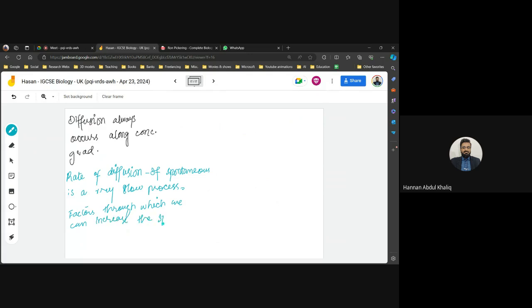Increase the speed. Okay. Number one factor, steep gradient. Make a very steep gradient and you can easily increase the movement of the substances, or the rate of diffusion.